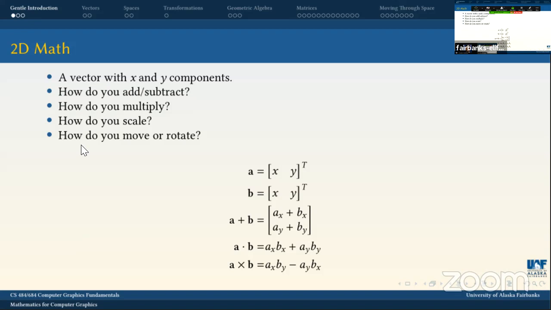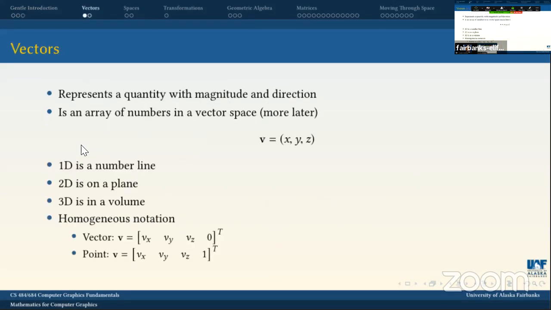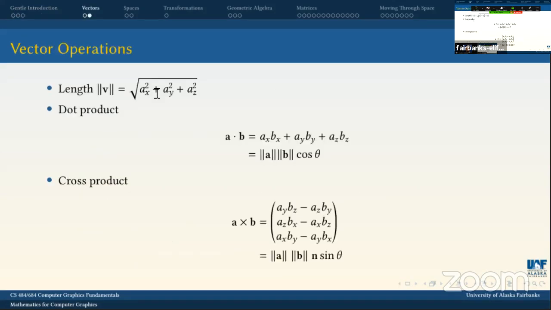The dot product gives you the cosine between the two angles, especially if they're unit length. In other words, they have a length of 1. And we said that the length of a vector is: you take each component, square it, add them, and take the square root. So you can get the cosine by taking the dot product, and the cross product is related to the sine, but more importantly, it gives you the vector that's perpendicular, or orthogonal, to the two original vectors.